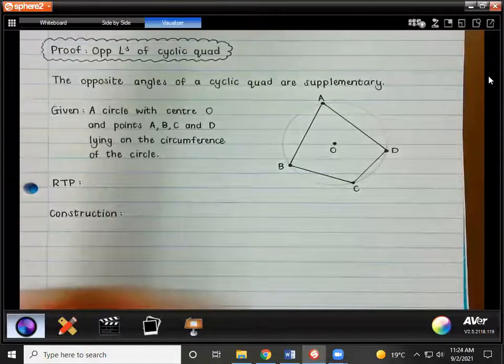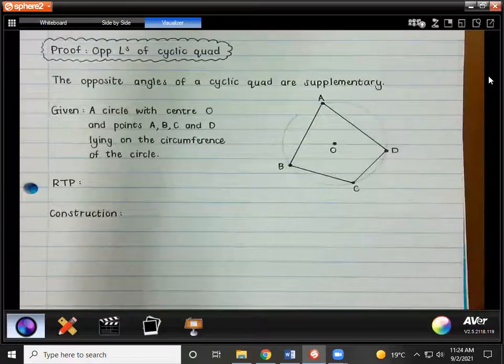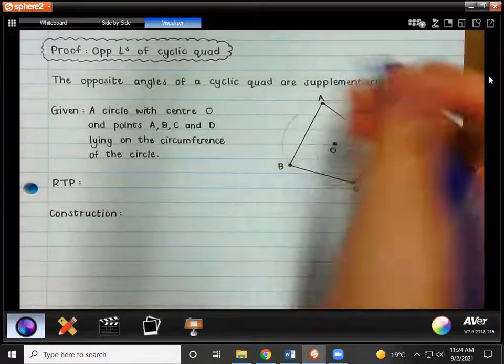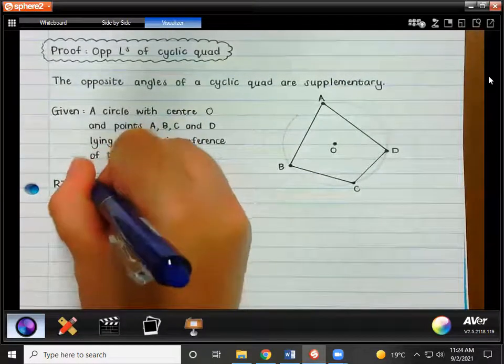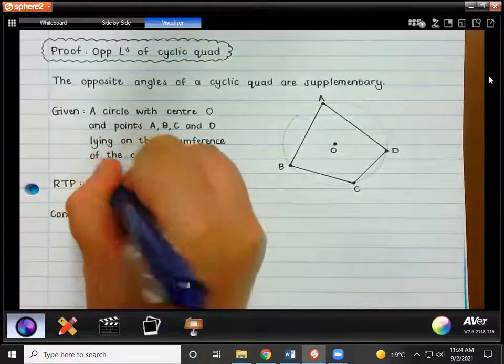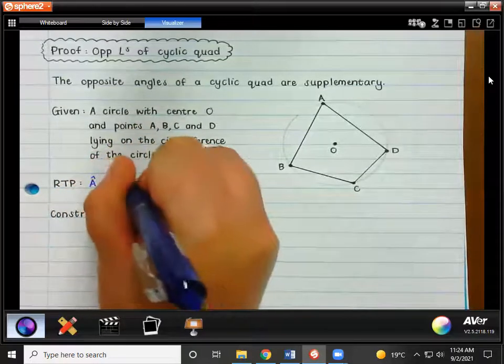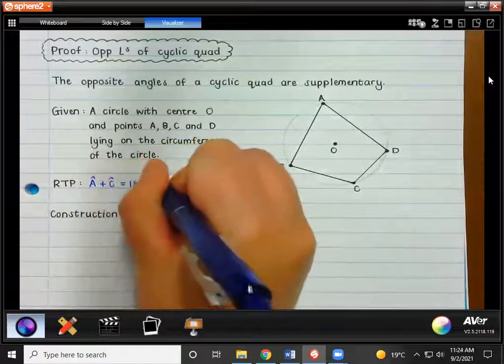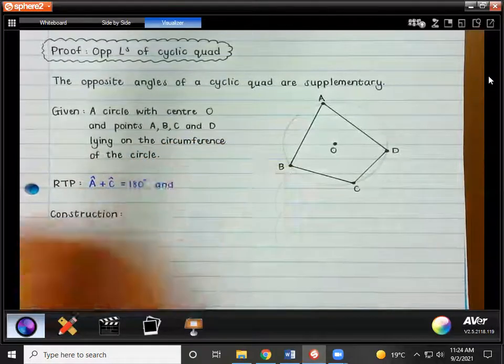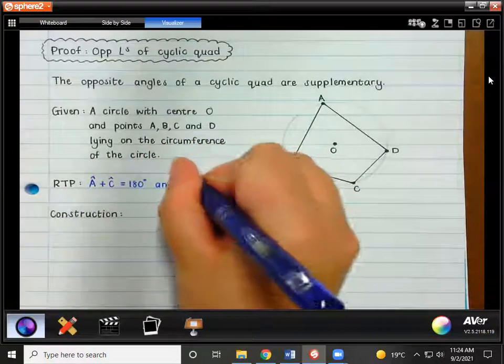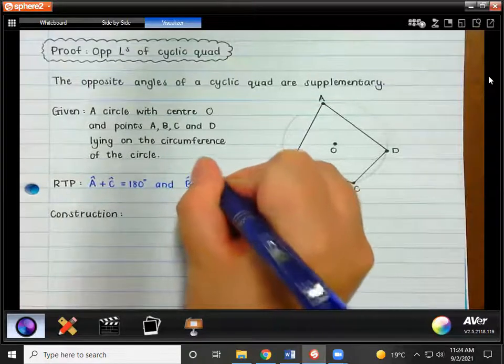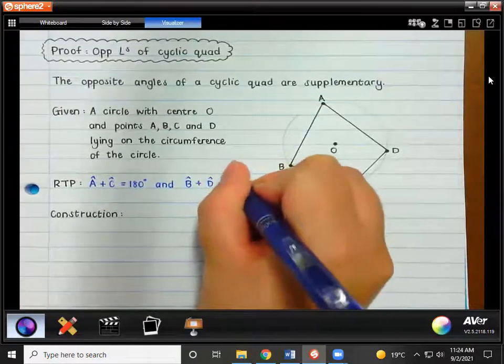We need to prove that if you add the opposite angles together, they're going to give you 180. So we need to prove that angle A plus angle C is equal to 180. But also we have another pair of opposite angles. So we just need to show that that pair also, if you add them together, will equal 180.